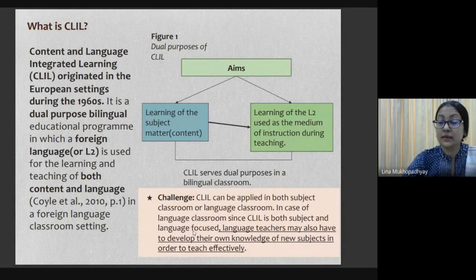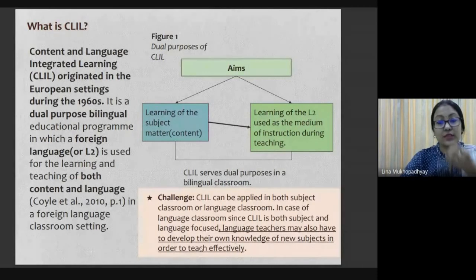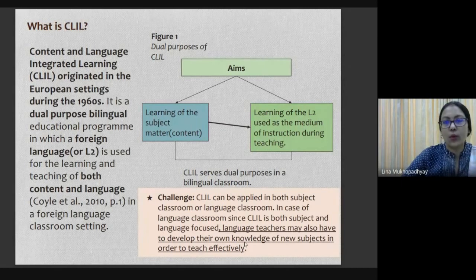However, there is a very great challenge to CLIL: when we wish to apply the CLIL model or the EMI model, language teachers may have to develop their own knowledge of new subjects in order to teach effectively. What we aim for is to bring content into the language classroom, but that presupposes that language teachers have some amount of content knowledge.